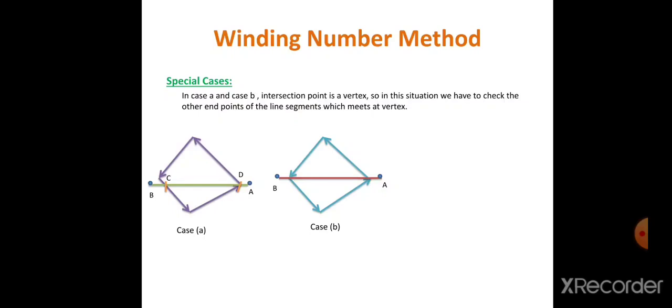In that, the intersection point is a vertex, right. Here this intersection point is a vertex, here both the intersection points are vertices. So in this situation we have to check what the other endpoints are doing.